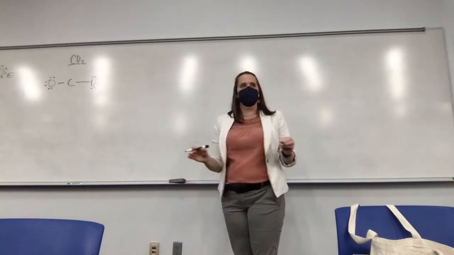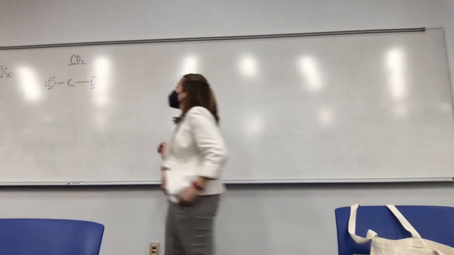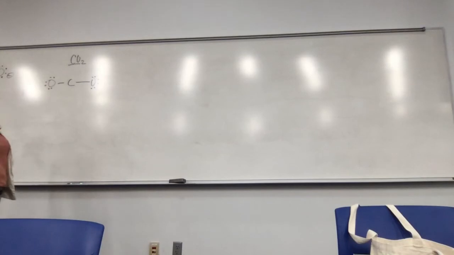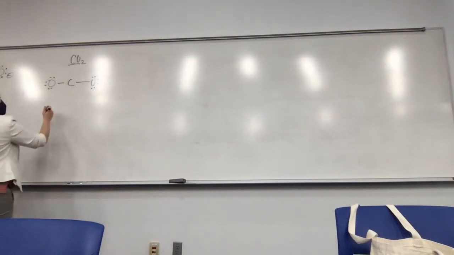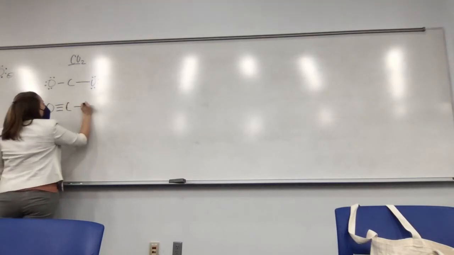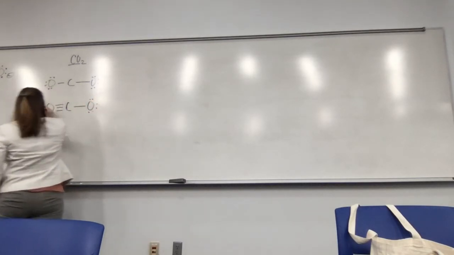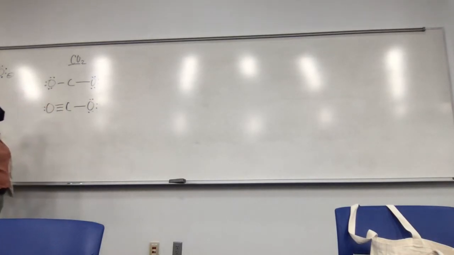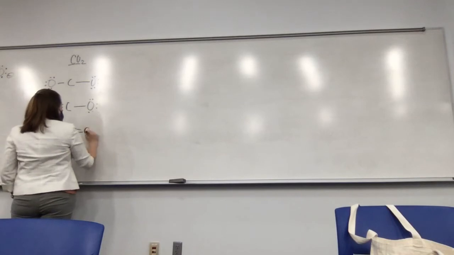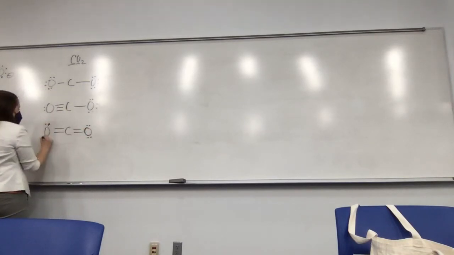Carbon doesn't have an octet, so we need a way to give an octet to carbon. We're going to do that using double and triple bonds. So there it turns out are 2 similar structures, and formal charge is how we are going to figure out which of these structures is the more preferred structure over the other.